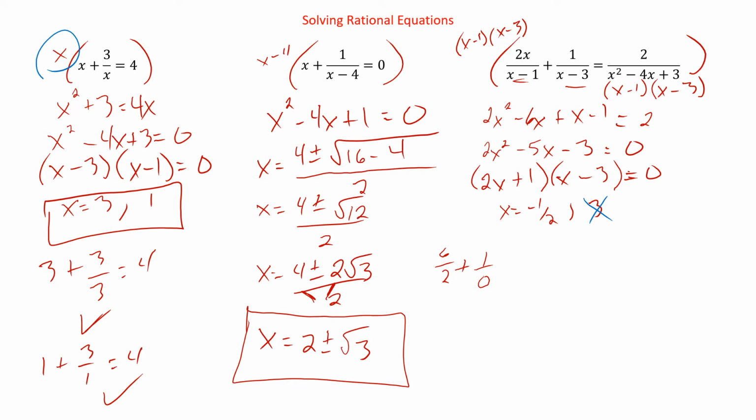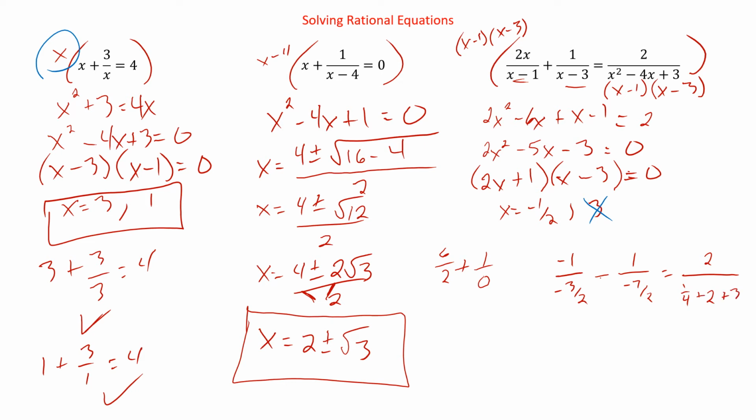So we have negative 1/2 times 2 is negative 1 over negative 1/2 minus 1 is negative 3/2 plus 1 over negative 1/2 minus 3. 3 is 6/2, that's negative 7/2 equals 2 over negative 1/2 squared is 1/4 plus 2 plus 3.